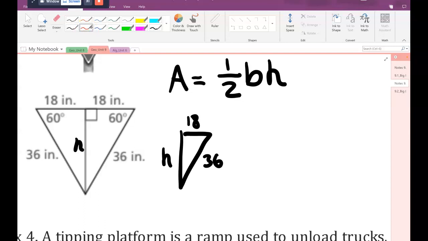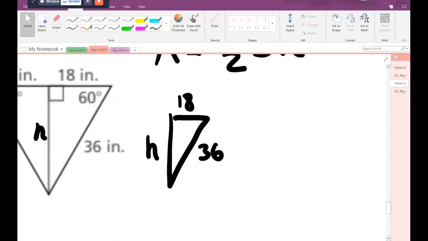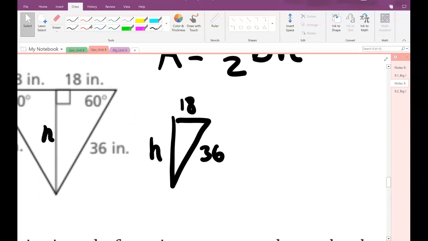This is our 60-degree angle in the corner, and this is our 90-degree angle. Side h has to be our long side, side 18 has to be our short side, and this has to be our hypotenuse.